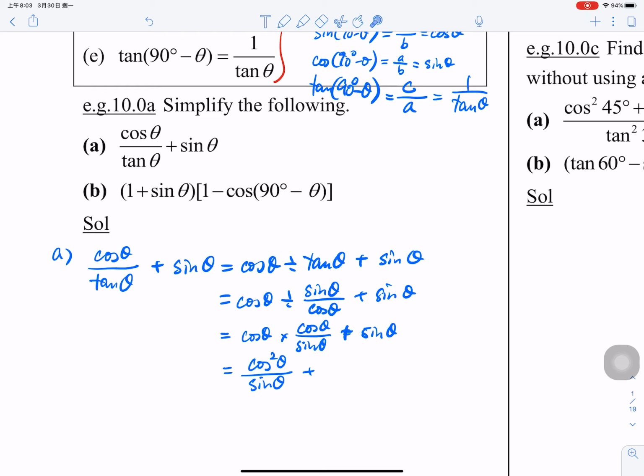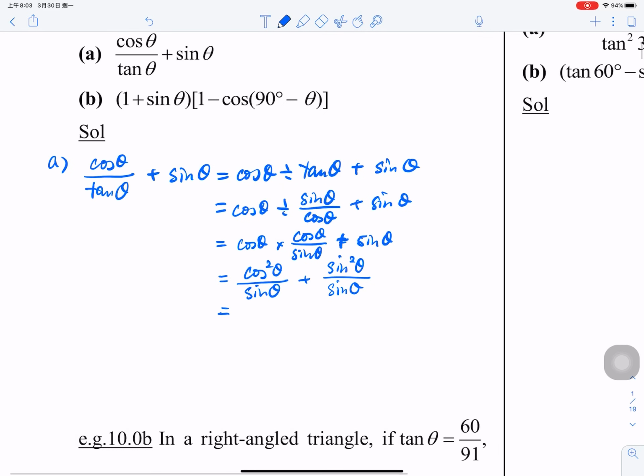If I link up with a fraction in the front, then sine theta becomes sine square theta over sine theta. So at the end, cosine square theta plus sine square theta over sine theta. So at the end, this one is 1 over sine theta, right? Good.